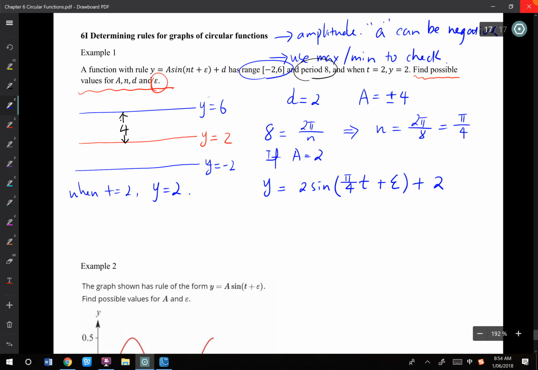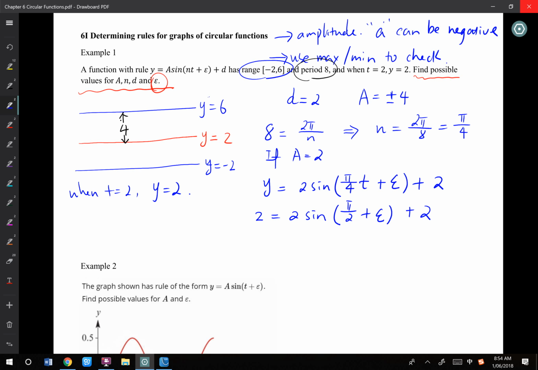So I can find 2 equals 2 sine, times that by 2 is pi on 2, plus epsilon, plus 2. Oh yeah, that's 4. That's 4, not 2. Okay, that's 4. So take away 4.